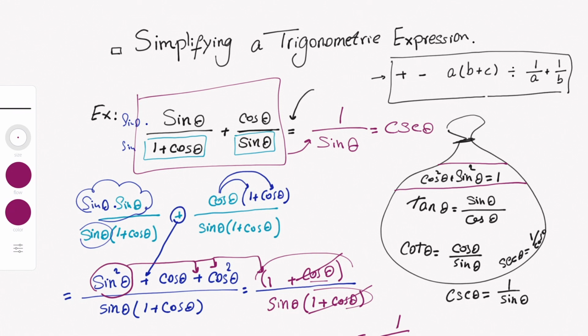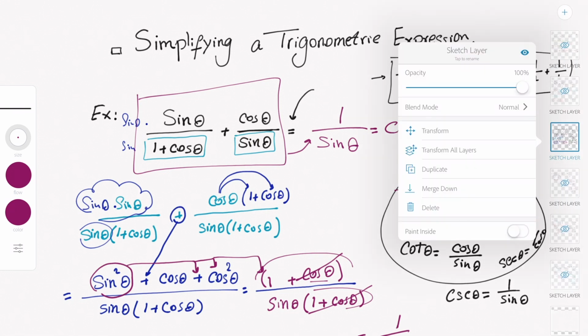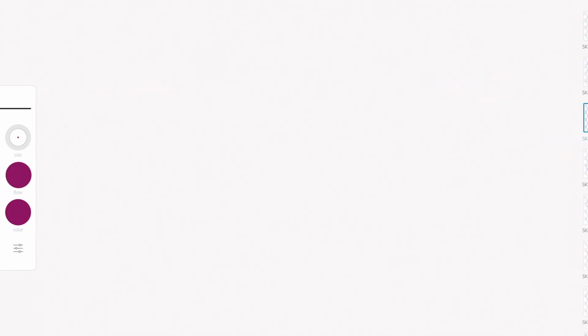Let's have another example: sine of x plus cotangent of x times cosine of x.